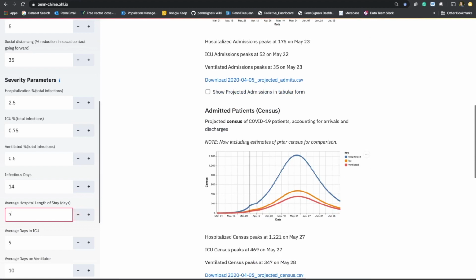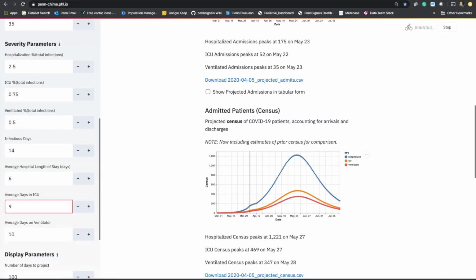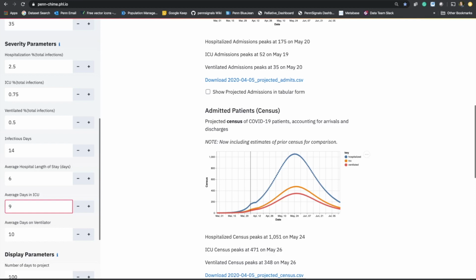So just again, hospital length of stay includes patients that are just in the ward, that were in critical care and not vented, or patients that were vented and then heading off to critical care and then med surge. Average days in the ICU is for any patient that spent time in the ICU. How many days did they spend in the ICU? And then average days on vent.